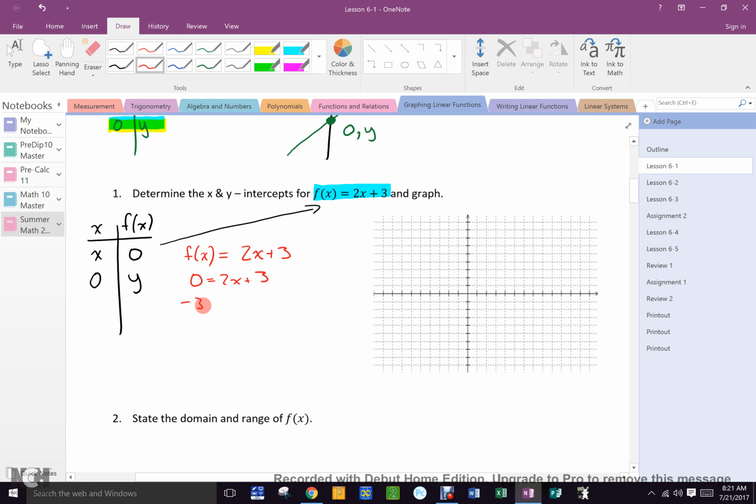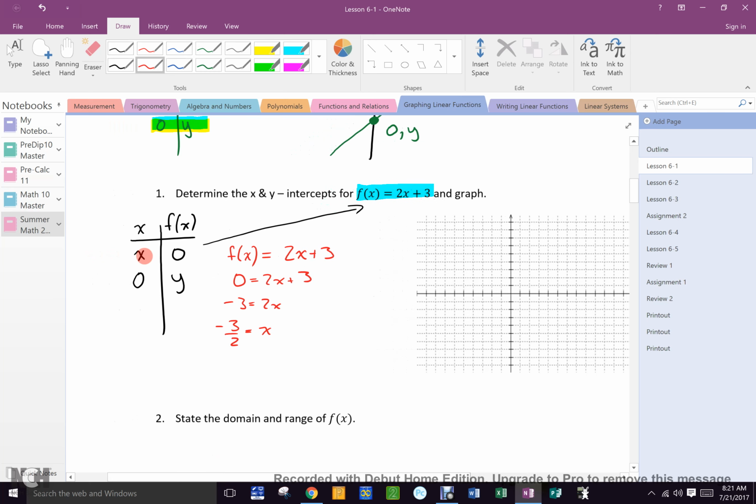So it's minus 3 equals 2x, and x equals negative 3 over 2. That is what x equals. So what can I write there? Negative 3 over 2.